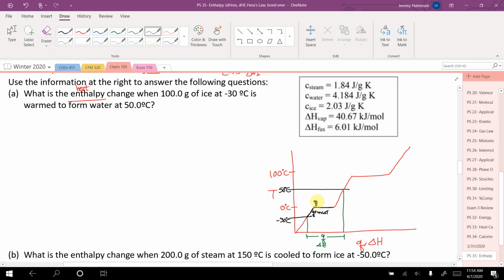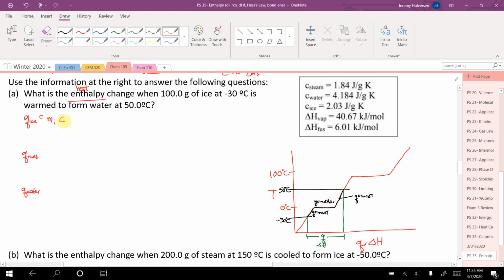It's a phase change, so it's going to be Q equals m delta H of fusion. And then I've got to heat up my liquid, and so that's also a temperature change, so it's going to be Q equals mc delta T. The total Q is going to be the sum of those 3 Qs. So we've just got to find each one individually. So we've got Q of our ice, Q of our melting, Q of our water.